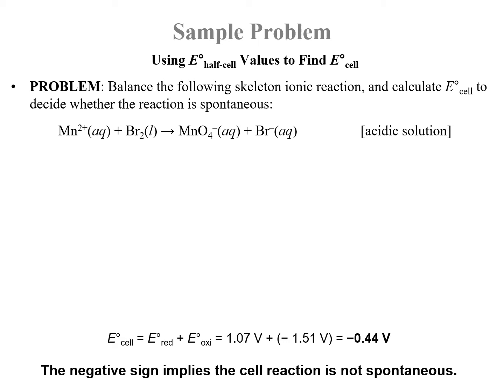Ignore the answer that you're seeing at the bottom, but let's start balancing our reaction. So if I'm balancing like this, the first half would be Mn2+ getting converted to MnO4 minus, and the second half would be Br2 liquid getting converted into Br minus aqueous.